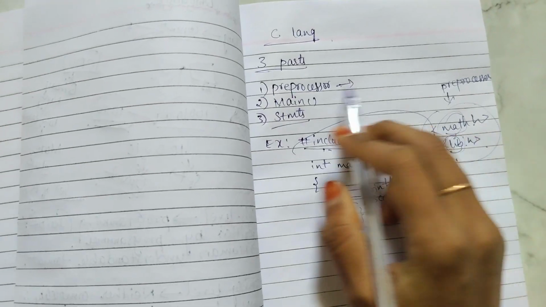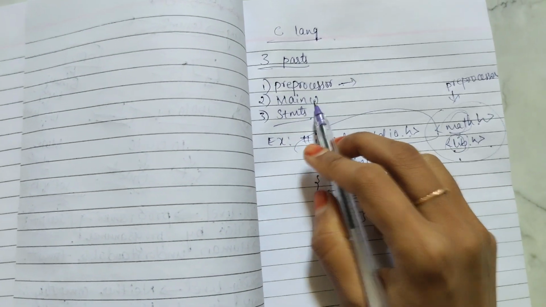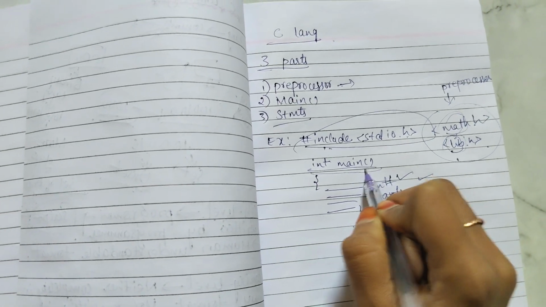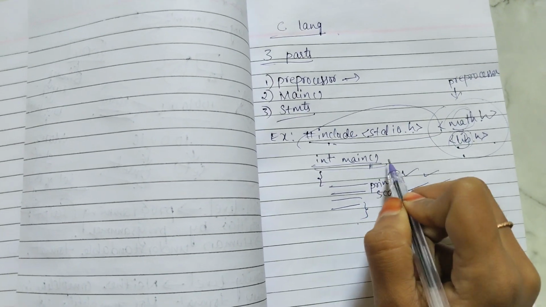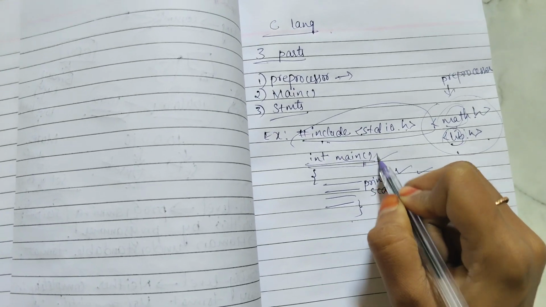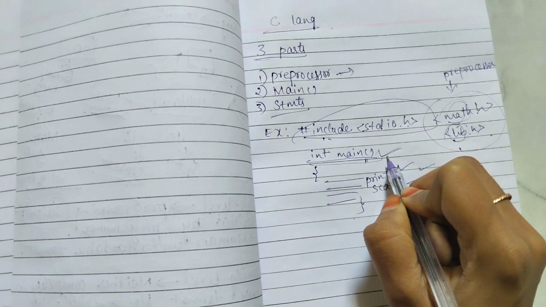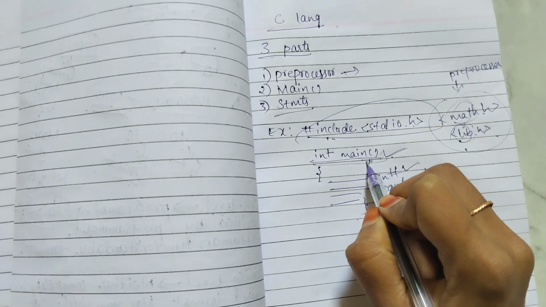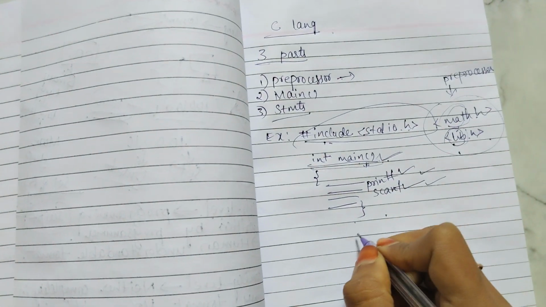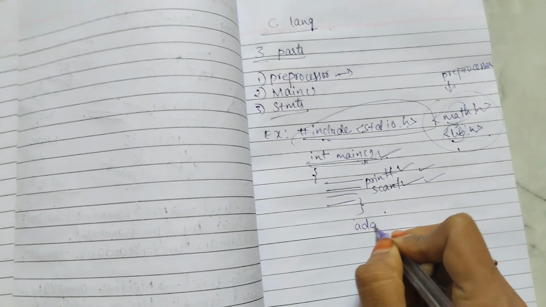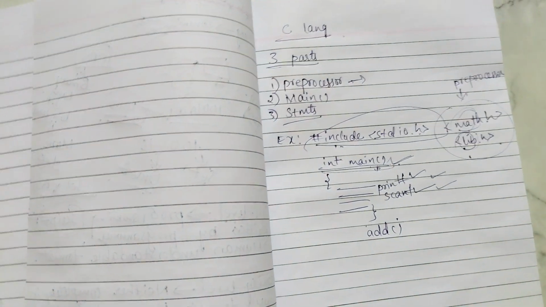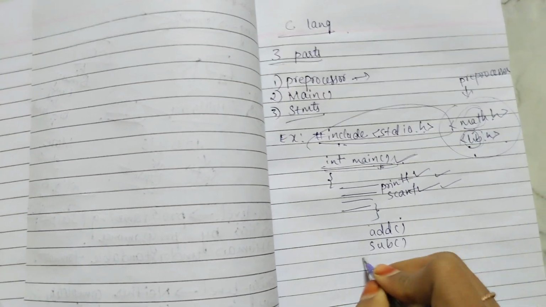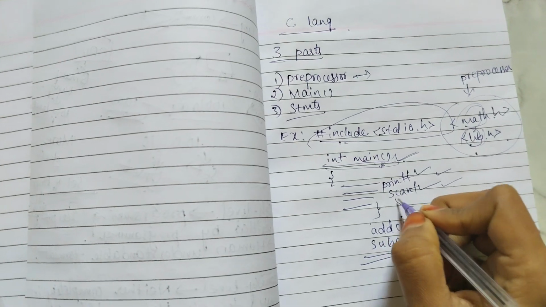Clear with the preprocessor? And the second one is the main function. Here the main function is a very important thing. It tells the compiler from where the execution of the program starts. From the main function only, program execution always starts. Because I can use n number of functions inside the program, that might be add, subtract, any function I will use in the program code.